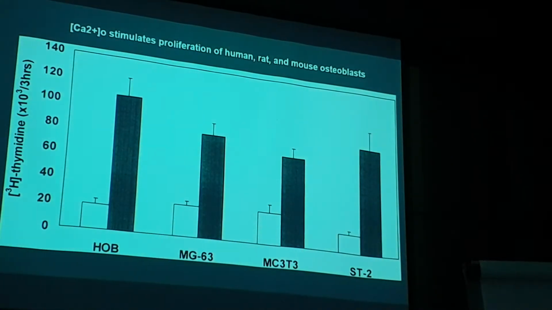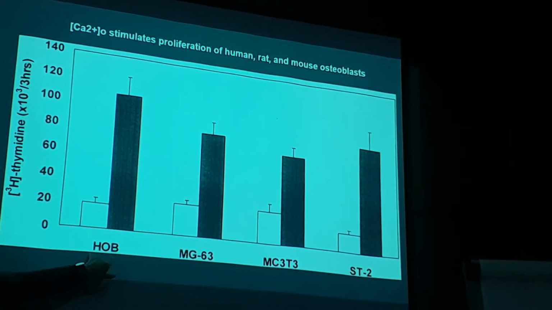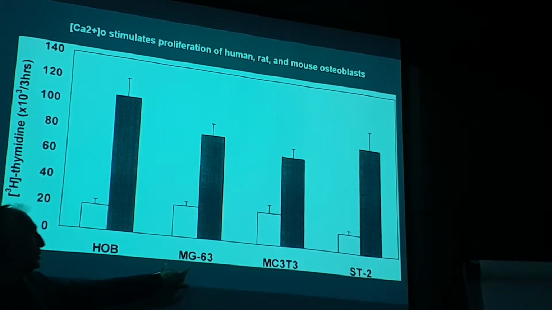Now this is, to me, when I saw this orthopedic study, this was amazing to me. Because in this study, they impregnated the cells with radioactive thymidine. It's called 3H thymidine. And they looked at the human osteoblast culture, the MG63 line.